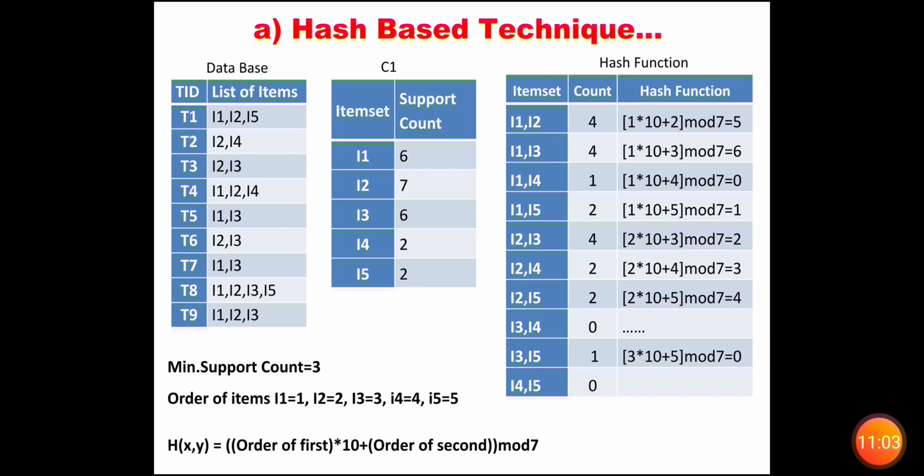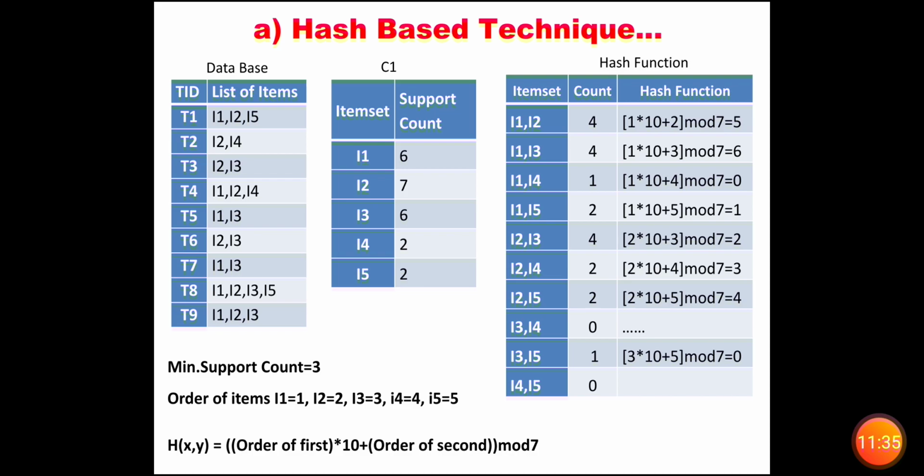In each and every bucket we have a count. In bucket 5 we have count 4. In bucket 6 we have count 4. In bucket 0 we have count 1. Here we have 2 entries with bucket 0: one with count 1, and the last, I3, I5, where the bucket is also 0.